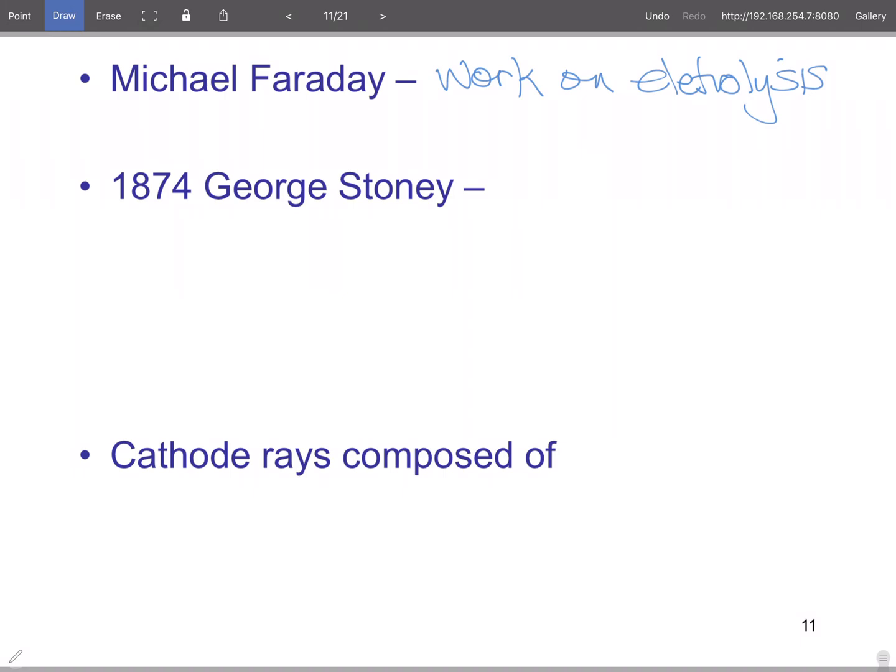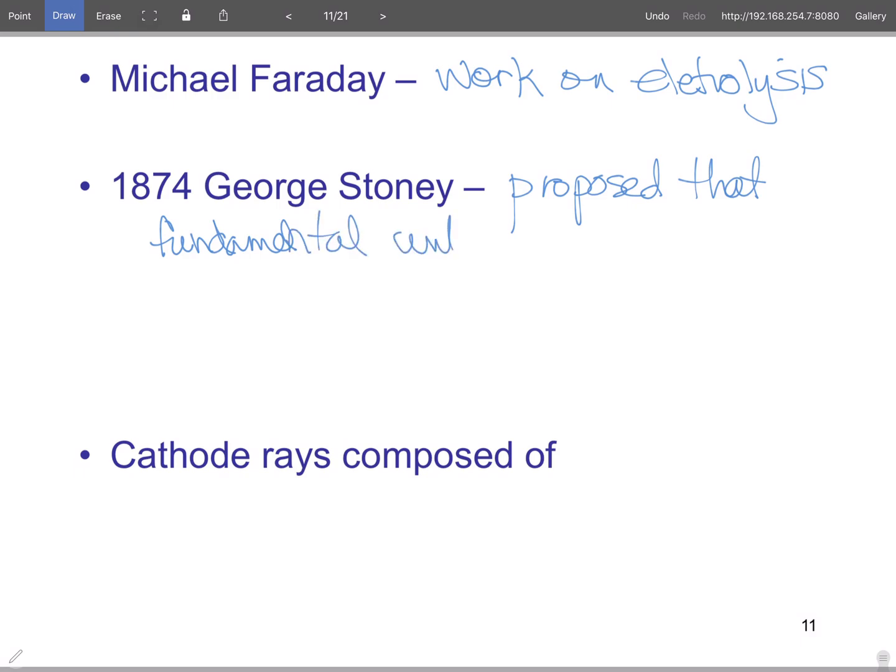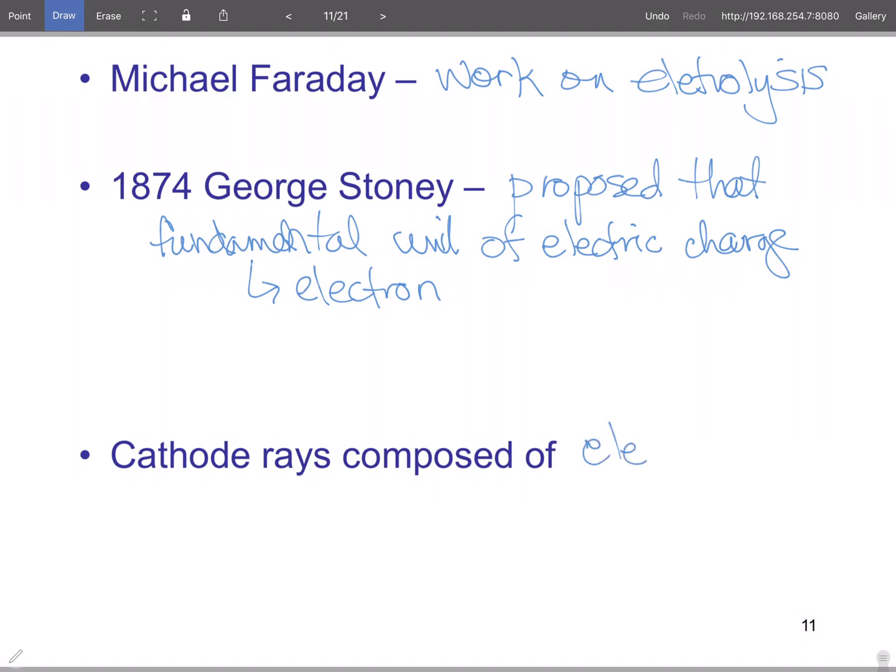In 1874, George Stoney, who was a grad student, proposed that these things were the fundamental unit of electric charge. And he was the one who got to name it. Guess what he called it? An electron. So he determined that these were electrons. So cathode rays were composed of electrons.